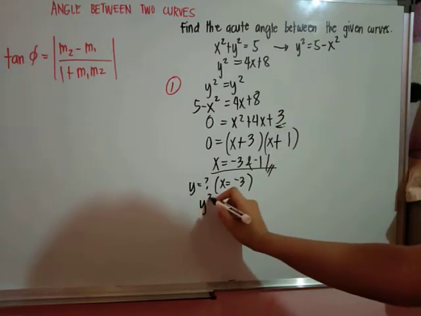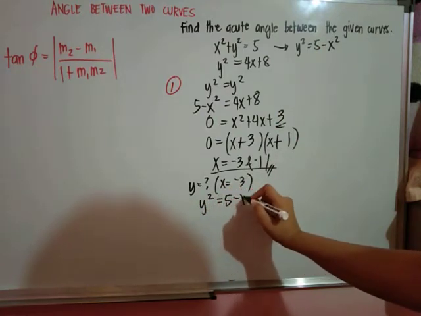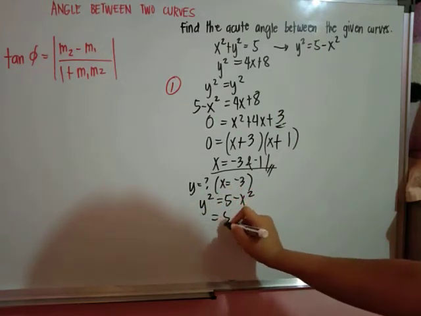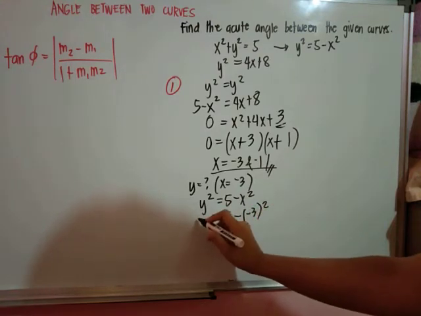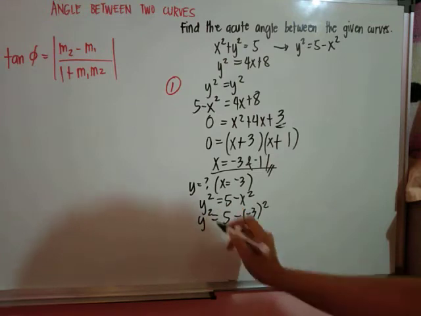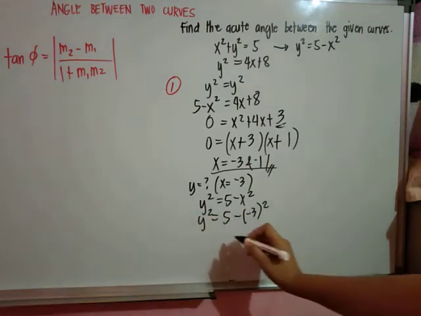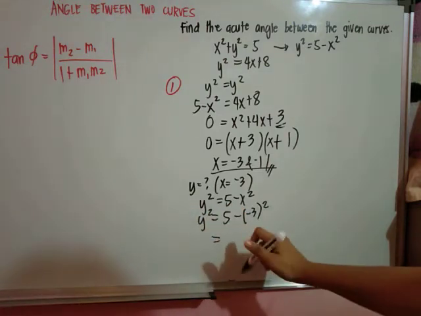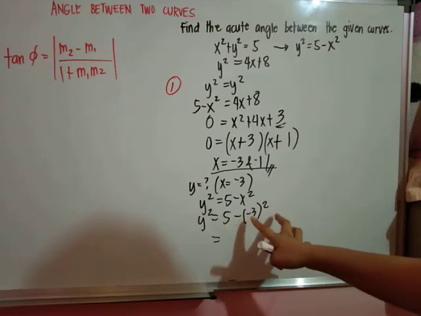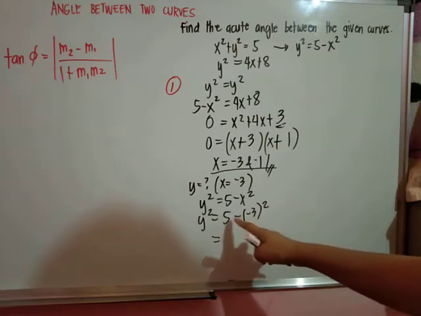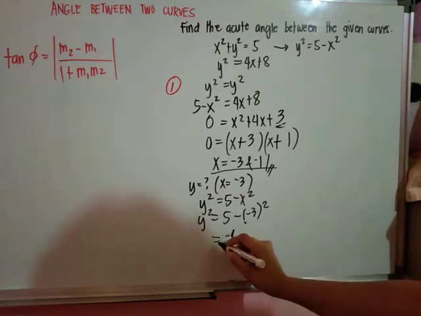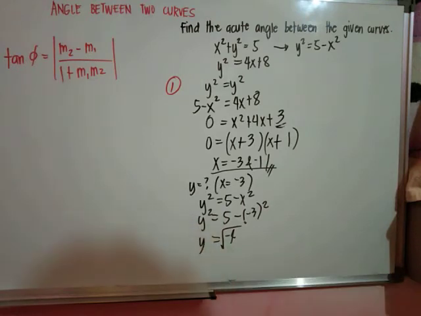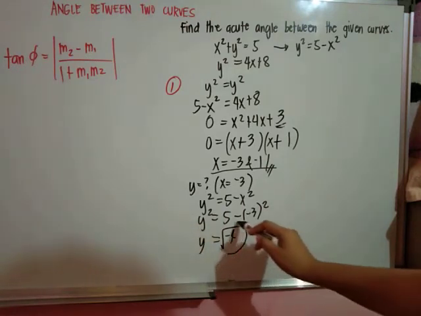So, we have y squared equals 5 minus x squared, 5 minus negative 3 squared, and then y squared pa rin dito. So, we have equals 5 minus 9. So, we have 5 minus 9 is negative 4. So, kapag kinuha natin yung value ni y, imaginary number siya dito.